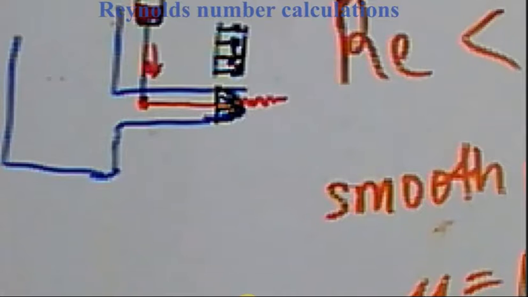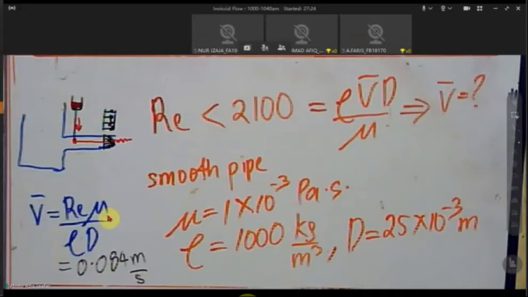So what we need to do is use my calculator. We have the Reynolds number. If we rearrange the equation, V average equals Reynolds number times dynamic viscosity divided by density multiplied by the diameter.